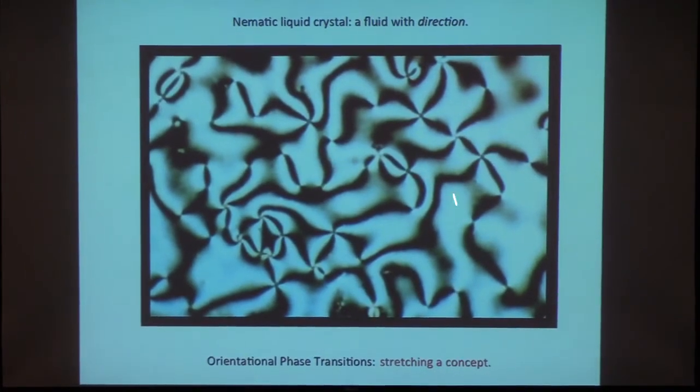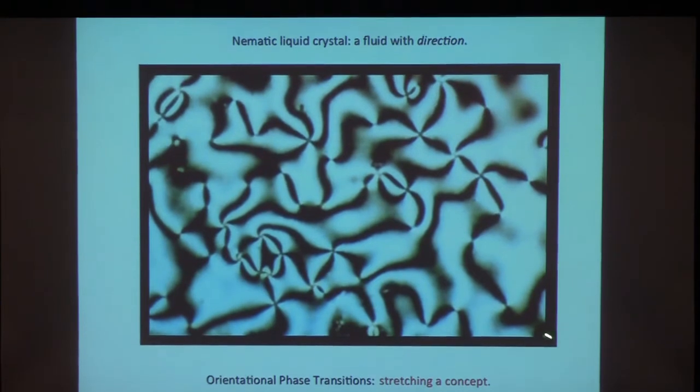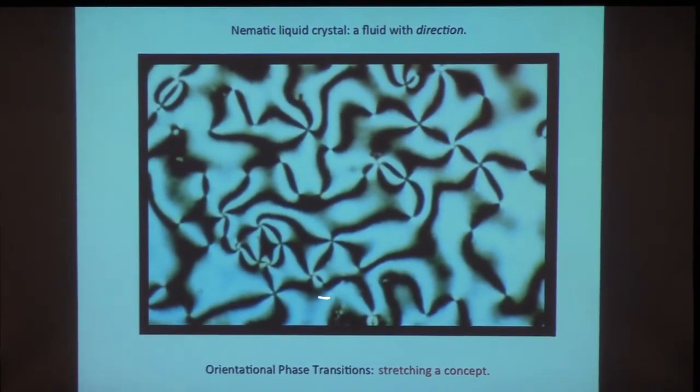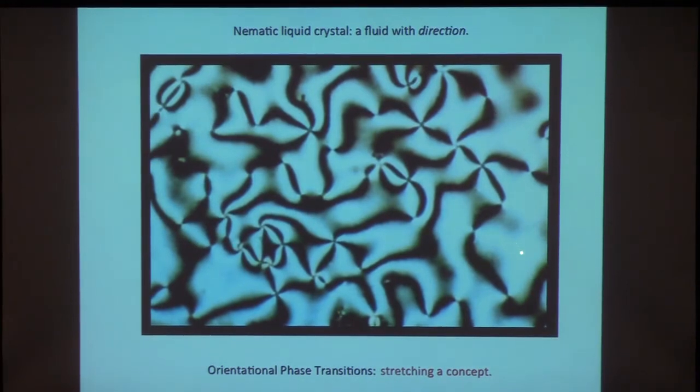In essence, what you see here is a map of the directions. It is a fluid with a local direction, and at some points it will point along the analyzer, and in other cases perpendicular, and depending on the polarization of the light and its relation to the direction, the light may or may not get through. So you see here this beautiful abstract pattern, which actually is a map of the direction.